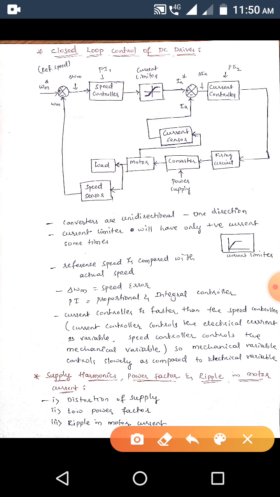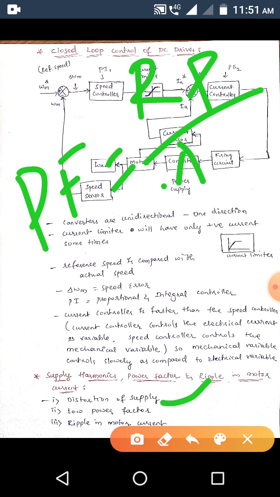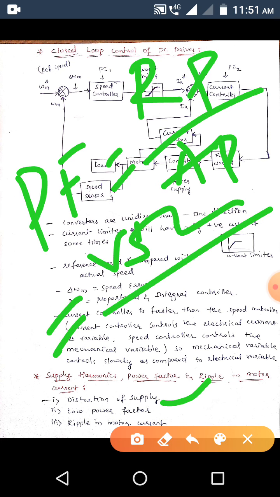So distortion of the supply happens here. Then low power factor: assuming a sinusoidal supply voltage, the power factor of a rectifier is calculated using the formula power factor equals real power divided by apparent power. Real power is VI cos phi, divided by the apparent power, which is the RMS value, V I RMS.